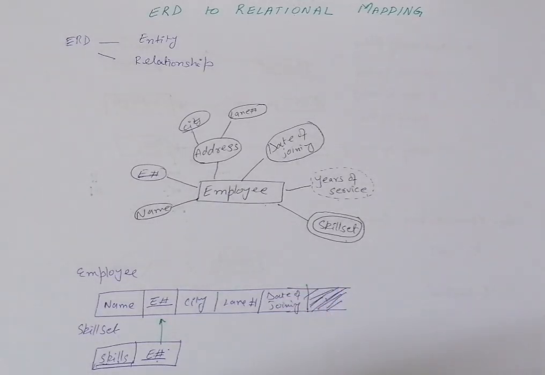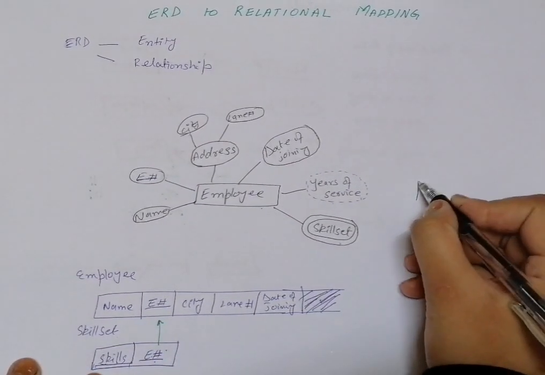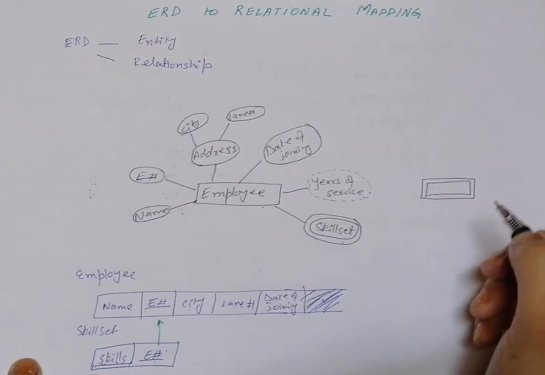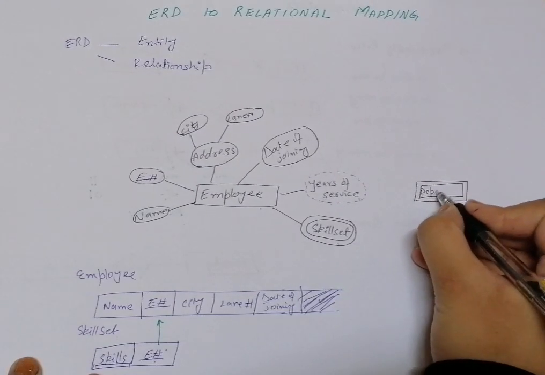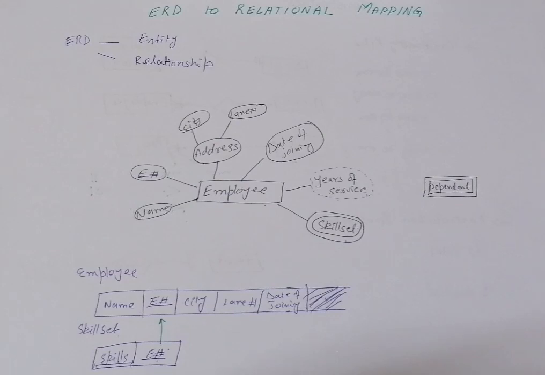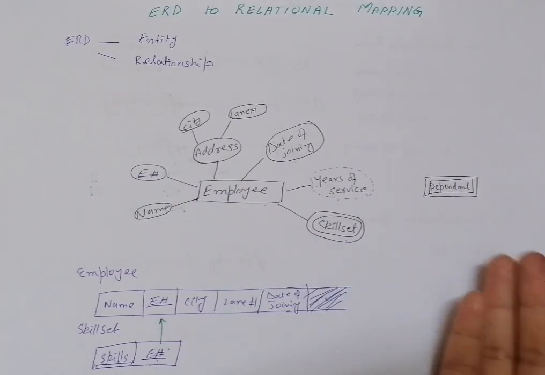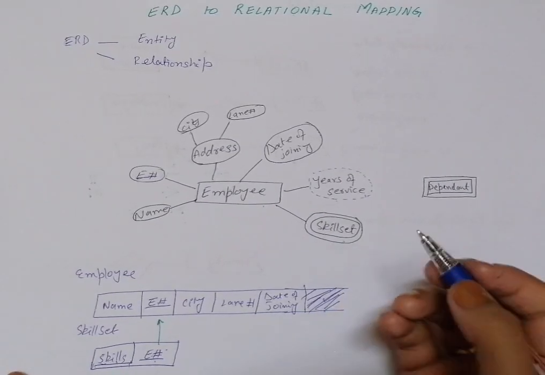Now what if we have a weak entity? That is, if we have any entity having two rectangles like this. For example, say this is the dependent, that is, those individuals who depend on the employee in their daily life activities, or financially, or in any other way.